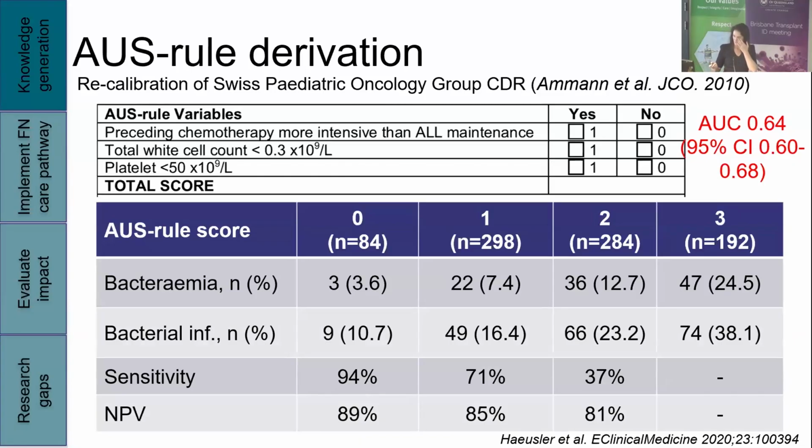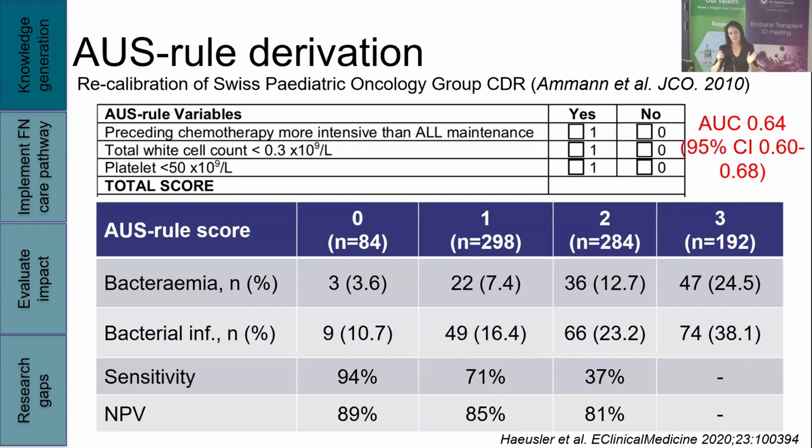But you can see when we're breaking it up, depending on where we make the cut, the sensitivity is quite high at a 0. However, the specificity is going to be low in that setting, and we're not going to have many patients that fall into that group, only 84 out of the 858 that would be identified as low risk.